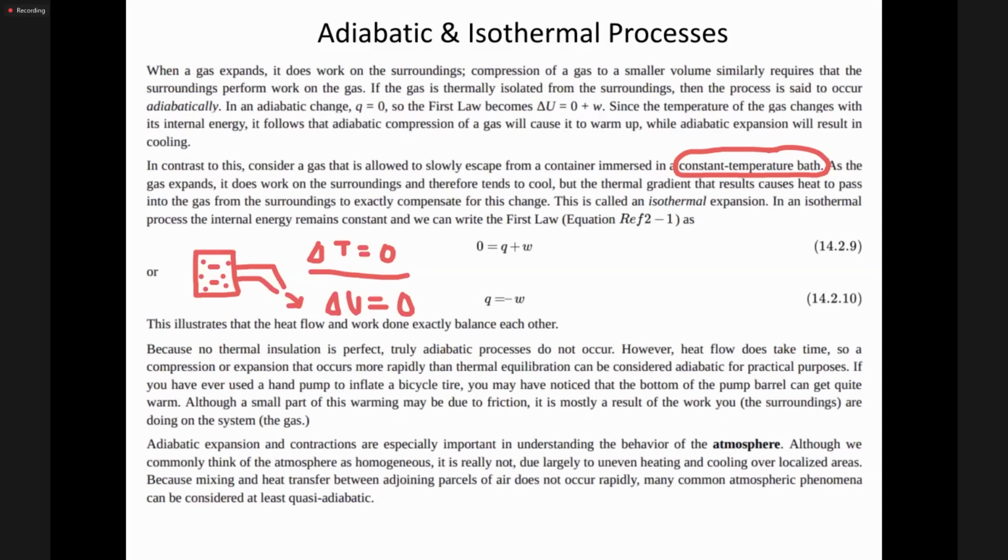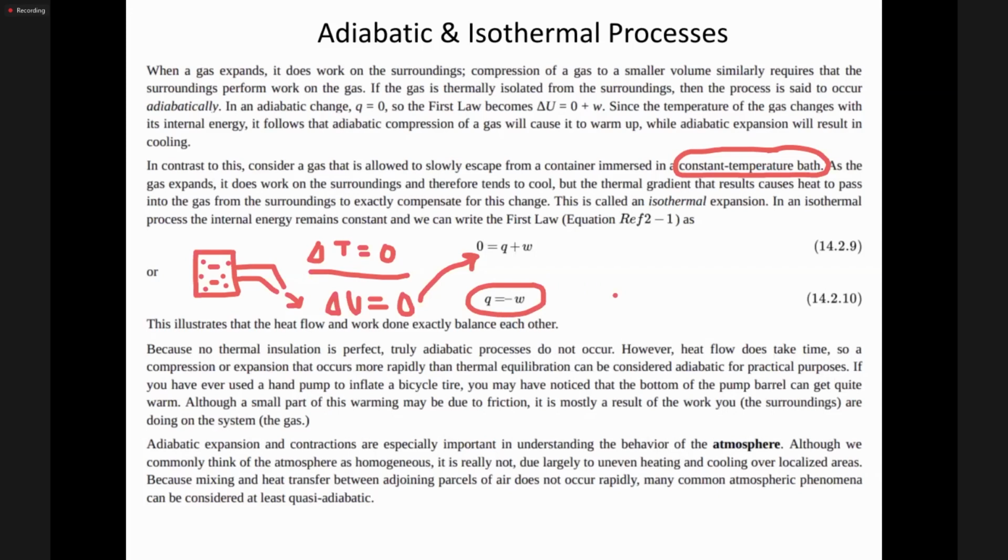Then in the first law of thermodynamics, which is delta U equal to Q plus W, we put delta U as 0. So we end up getting Q plus W, and the summation of Q plus W will now be 0. So for an isothermal process, Q is equal to minus W. This equation is very significant.